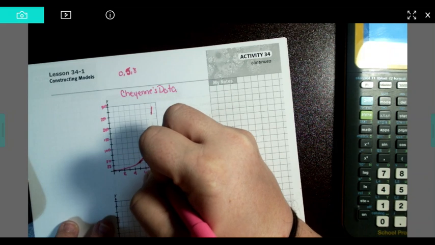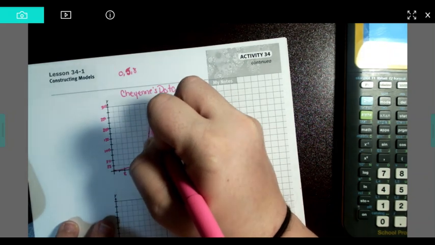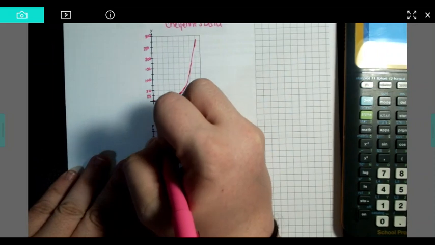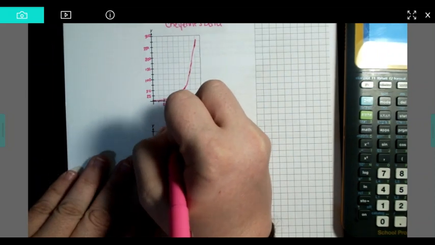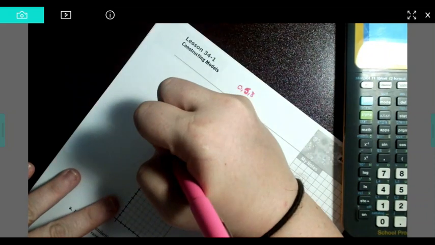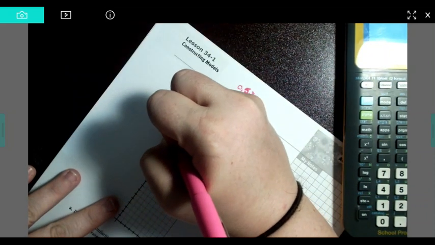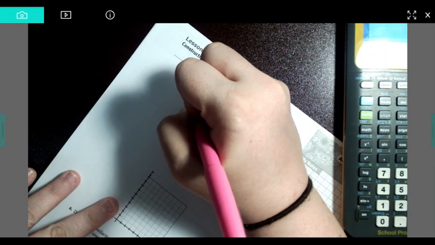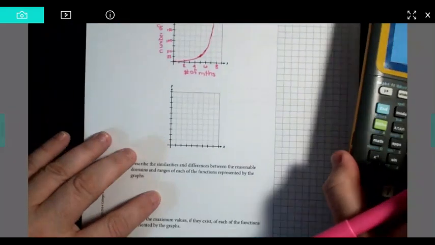Okay, I was kind of accurate. It just looked very odd to me. So again, these are my number of months, and these are my number of followers. All right.